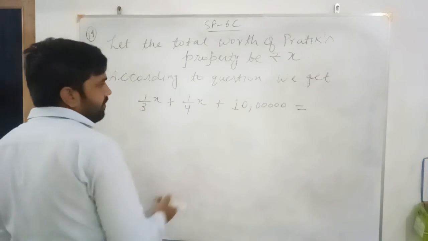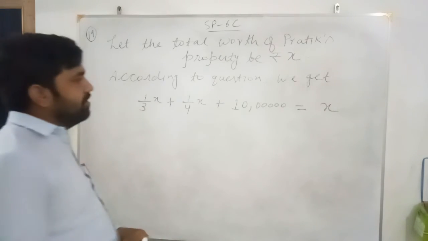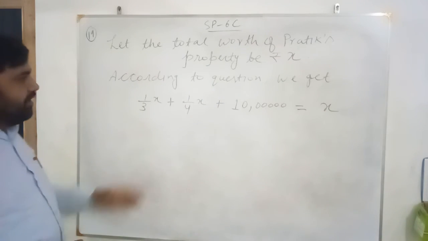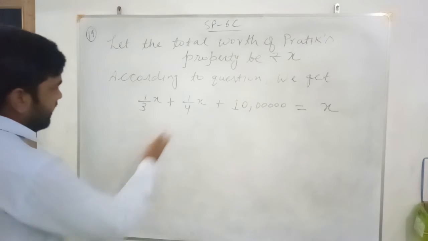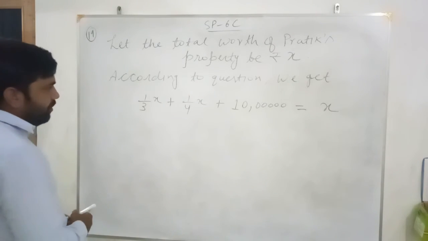His total property we suppose is rupees x. So now we can frame the equation. Here you can take the LCM, and after taking the LCM you can solve it.